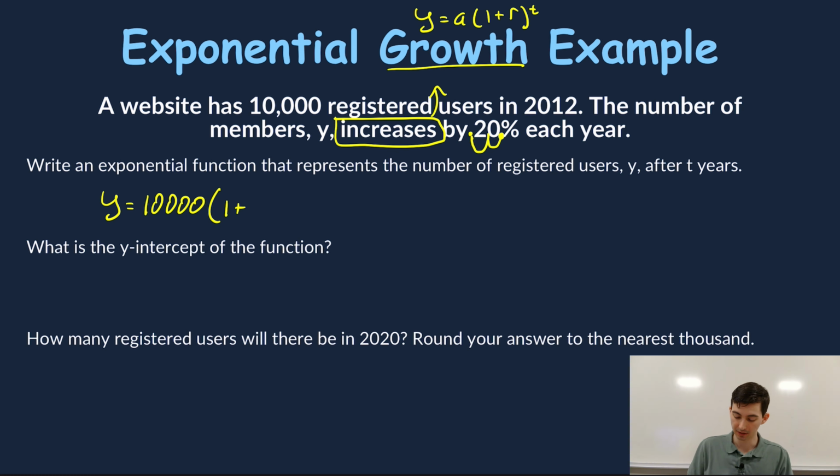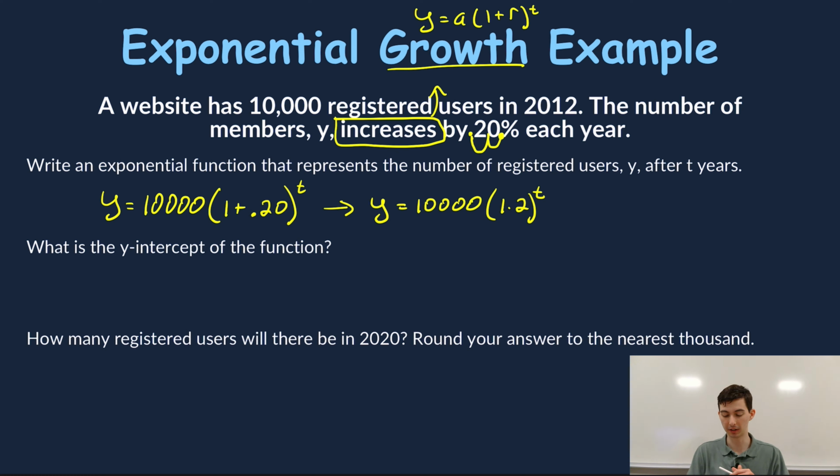So in this case, 20% is going to become 0.20. And we're going to raise this to t because we want it after t years. Now we can clean up this inside a little bit. 1 plus 0.20 is just going to be 1.2 really. So it's y equals 10,000 times 1.2 raised to the t. And the t can change depending on how many years we want.